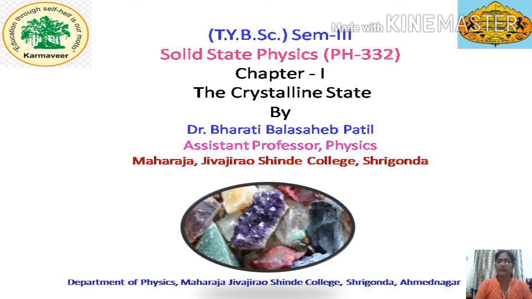During today's lecture, we will try to finish the point related to the reciprocal of a BCC, that is body centered cubic lattice, is FCC lattice, or FCC lattice is the reciprocal of body centered cubic lattice.